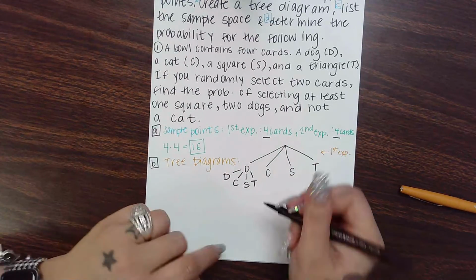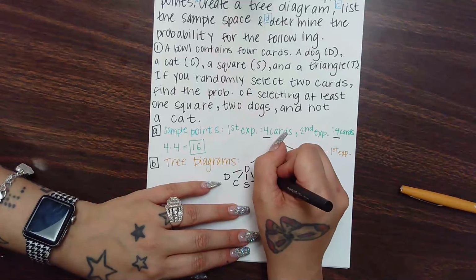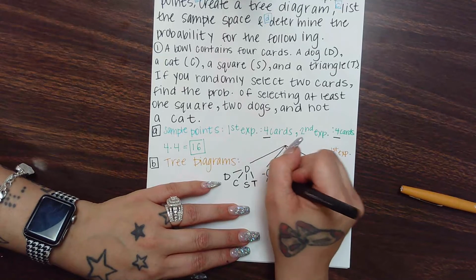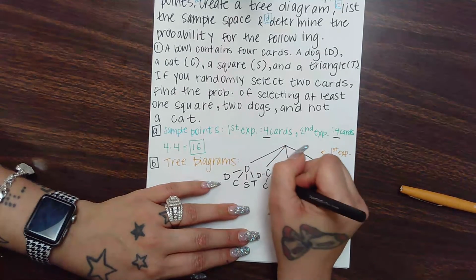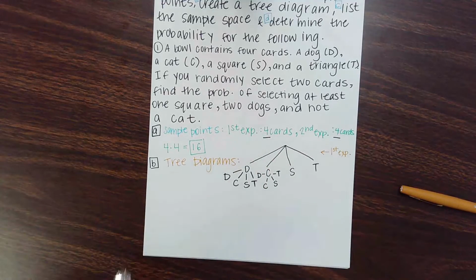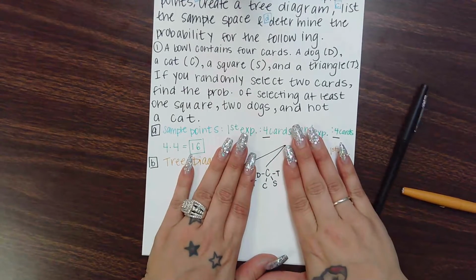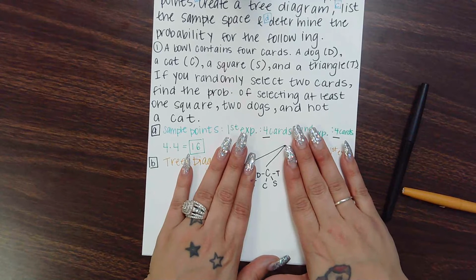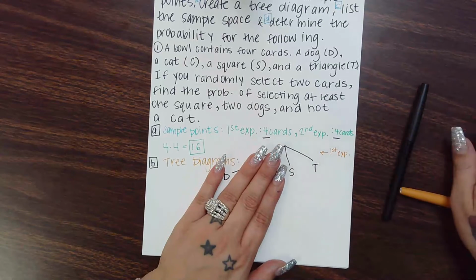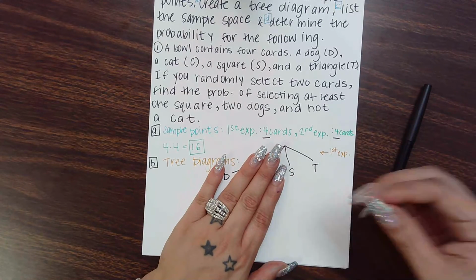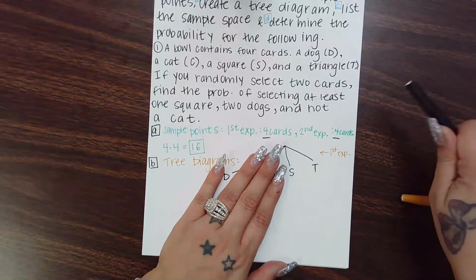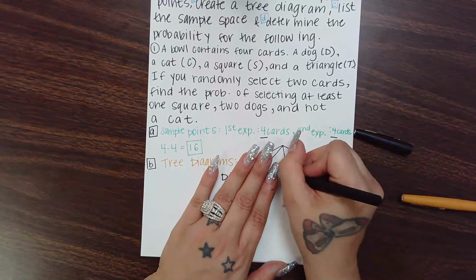Dog, cat, square, triangle, dog, cat, square, triangle. First time I reach in, I get a cat. Second time I reach in, it's any of the 4 cards. Does that make sense? First time I reach in, I get a square. Second time I reach in, it can be any of the 4. It doesn't change.